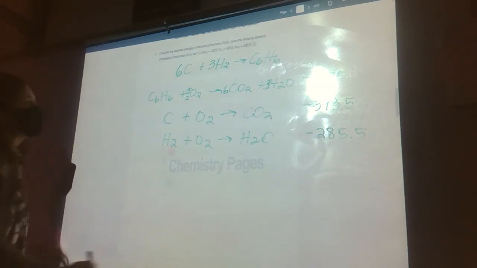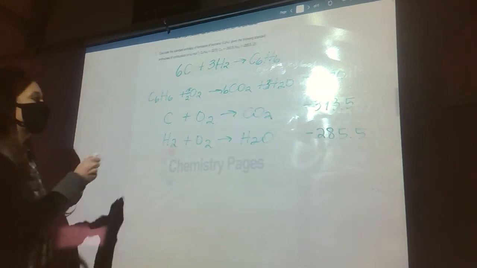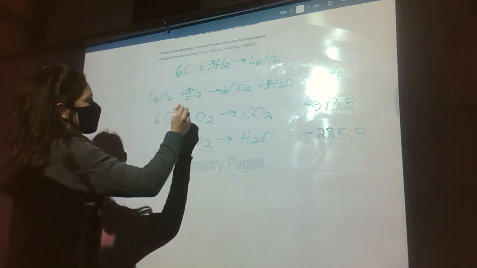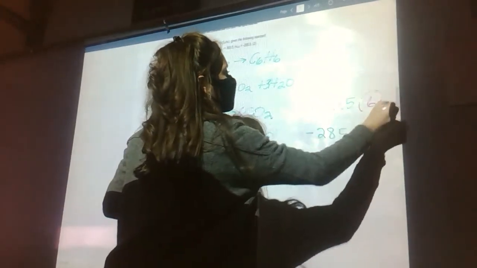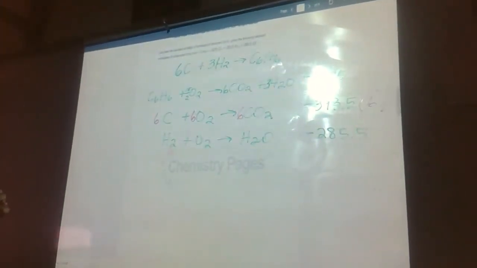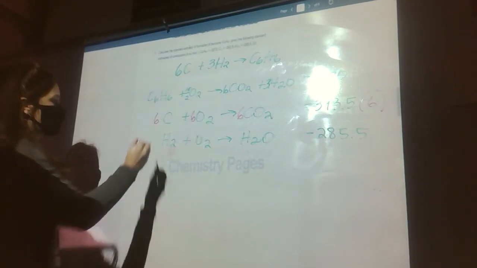So, I need 6 carbons as reactants. Multiply this by 6. I need 3 hydrogens as reactants. Multiply this times 3.